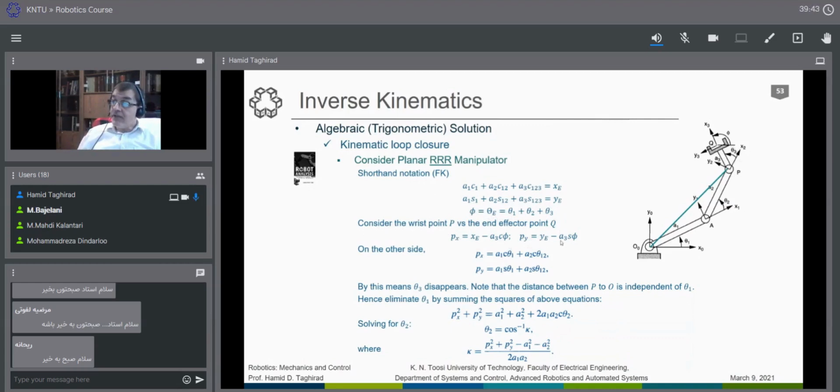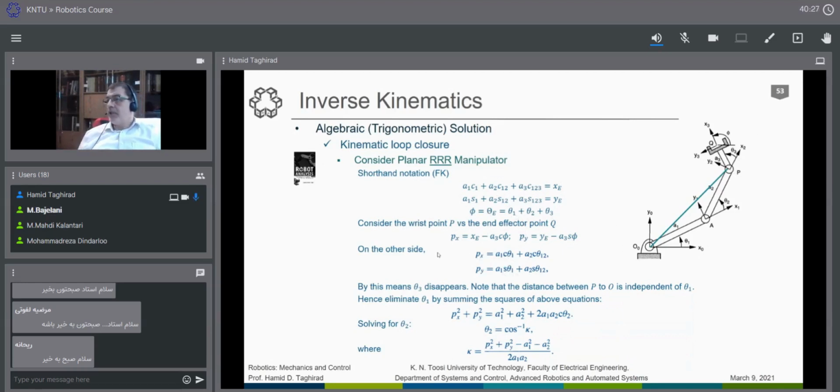Having phi and using this equation, we have two position equations in which the orientation is not there, and at the same time we have reduced the equation with three unknowns to an equation with two unknowns, theta_1 and theta_2. Theta_3 is gone because we are using only the P variable, the wrist variable, and we used that a lot in our forward kinematics, where usually we have 2 points, P and Q. The reason is that.